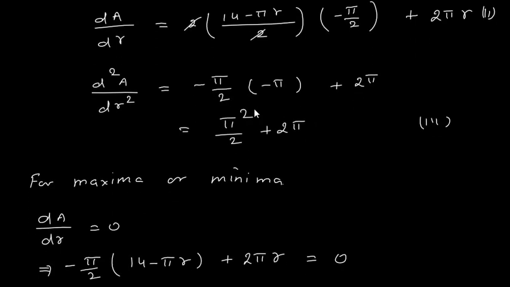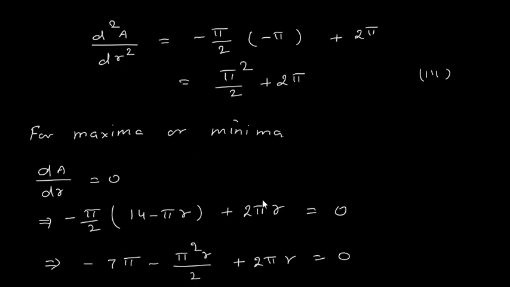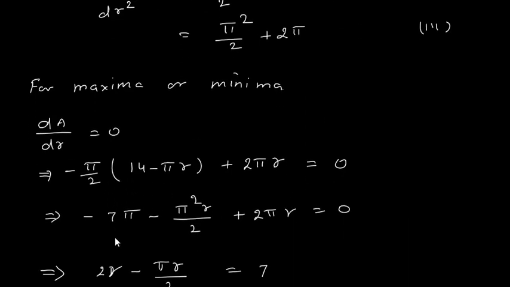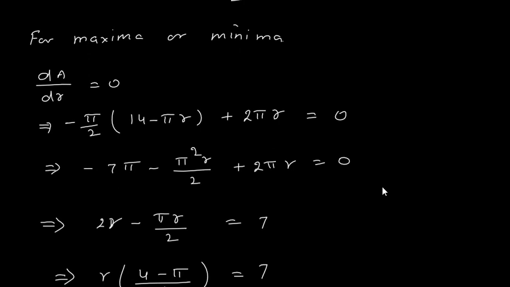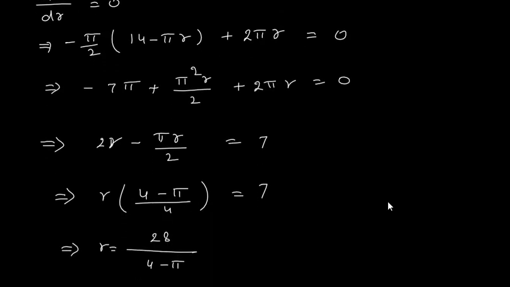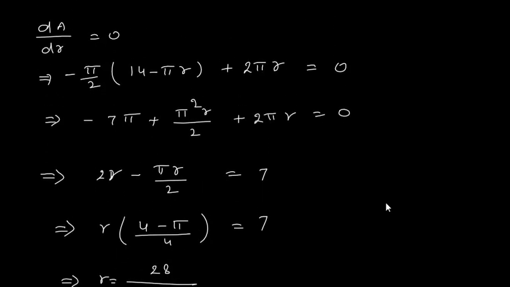Then we equate this first derivative to 0: 2 pi r minus 14 pi upon 2, that is 7 pi. So many times I am making the same kind of mistake. So here it is minus 7 pi plus pi square r upon 2 plus 2 pi r equals 0.